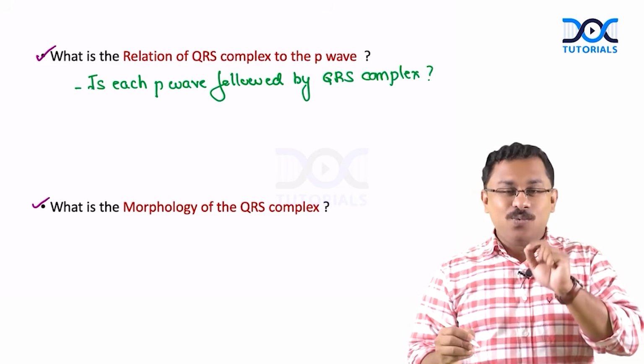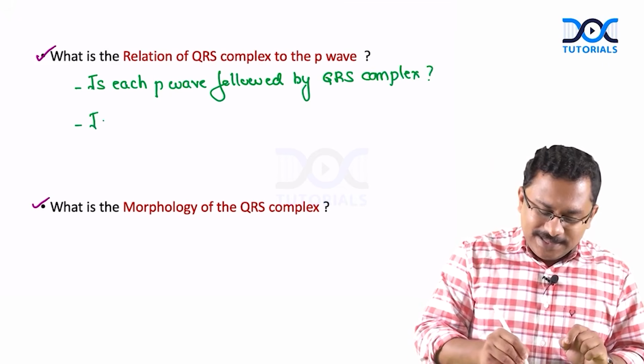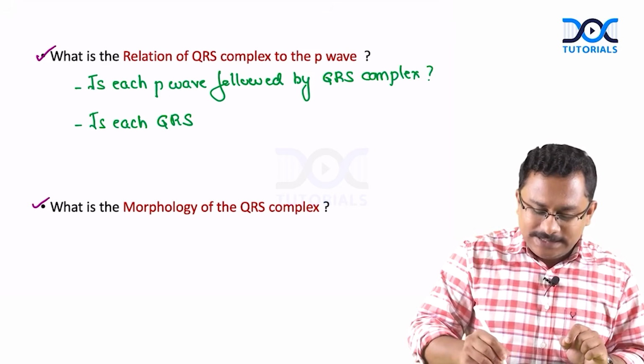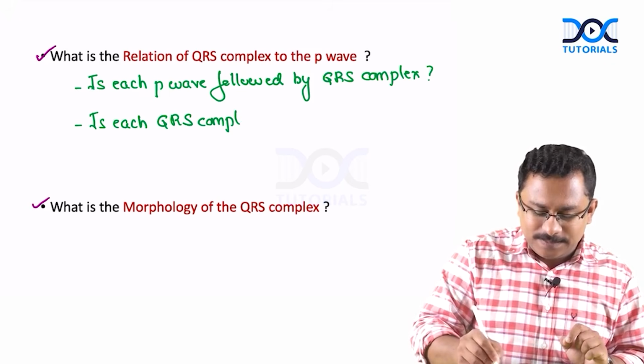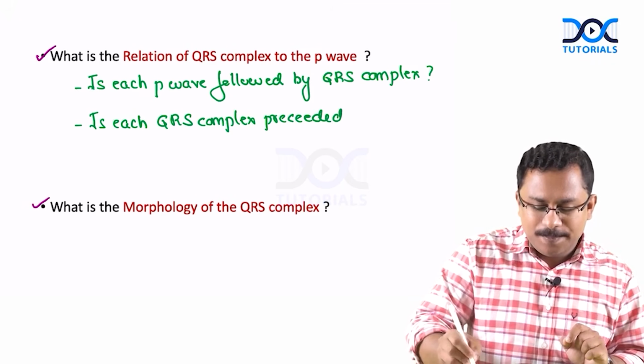That is sub-question 1. Sub-question 2 is, is each QRS complex preceded by P wave?